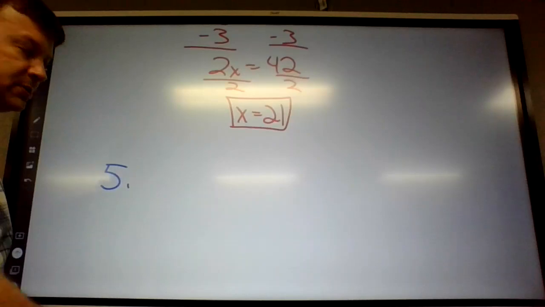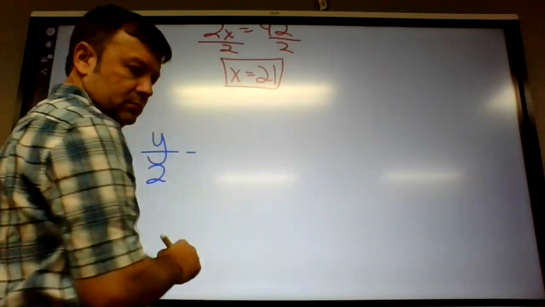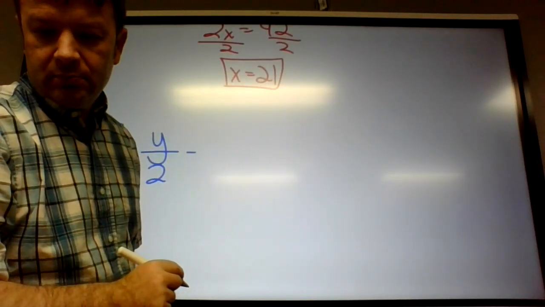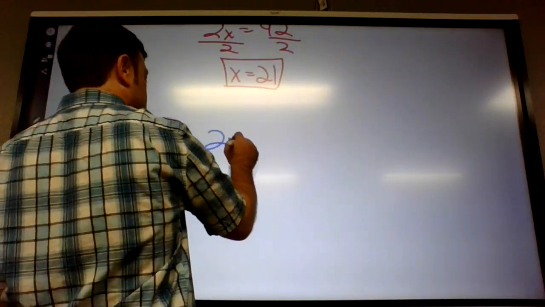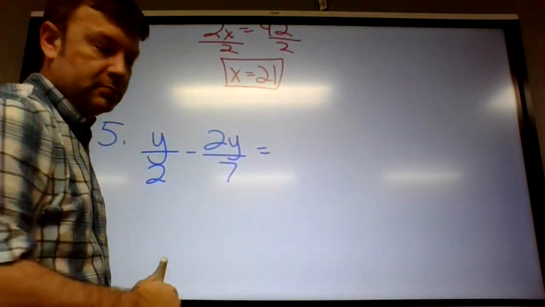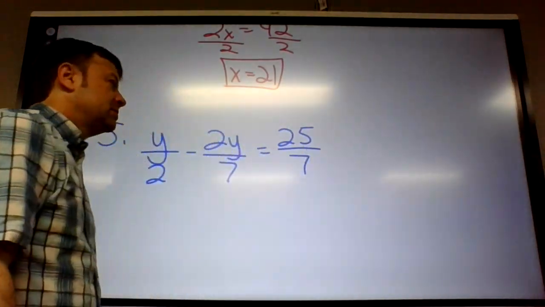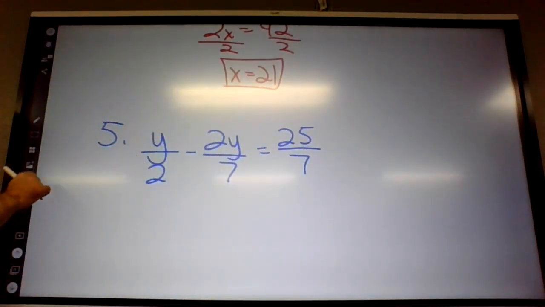Alright. y over 2 minus 2 over 7. So what do I need to multiply by? 14.